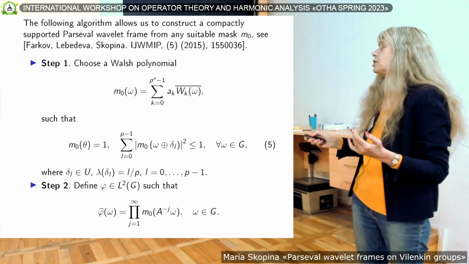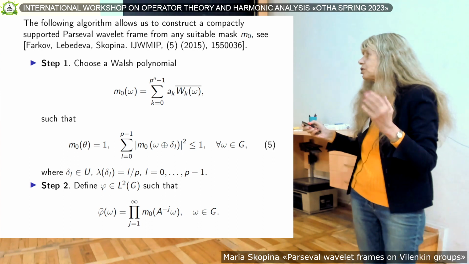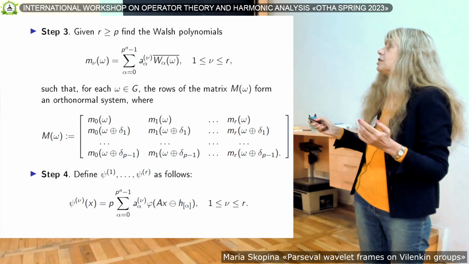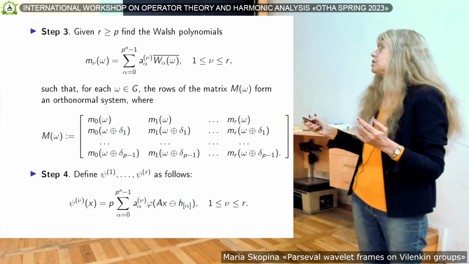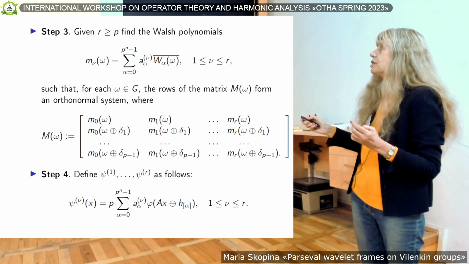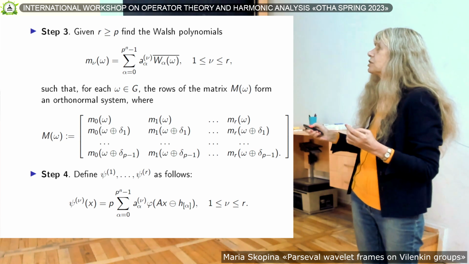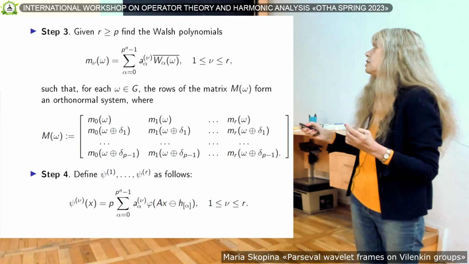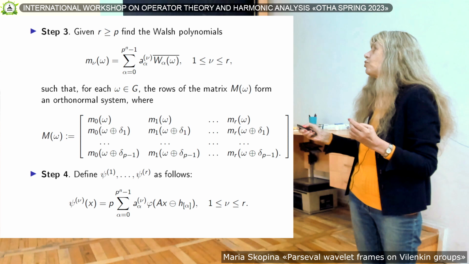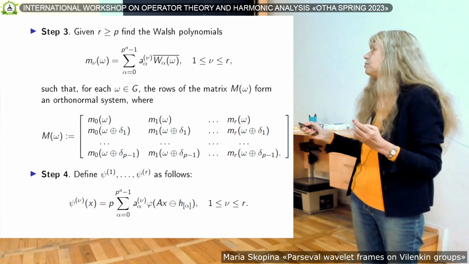Next, phi hat is an infinite product, which is actually a finite product. Next we define wavelet masks, such Walsh polynomials that this matrix is orthonormal. The rows of this matrix form an orthonormal system.